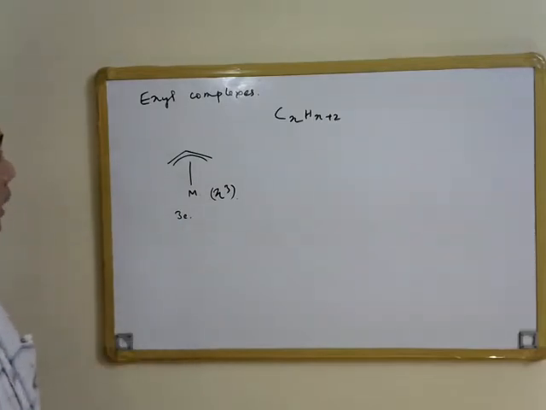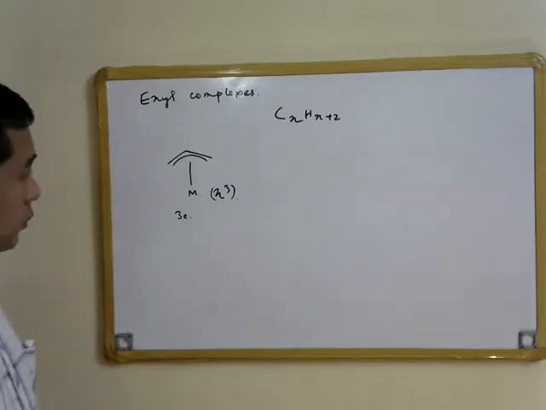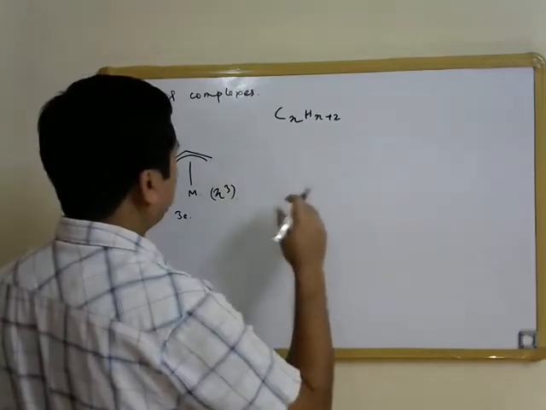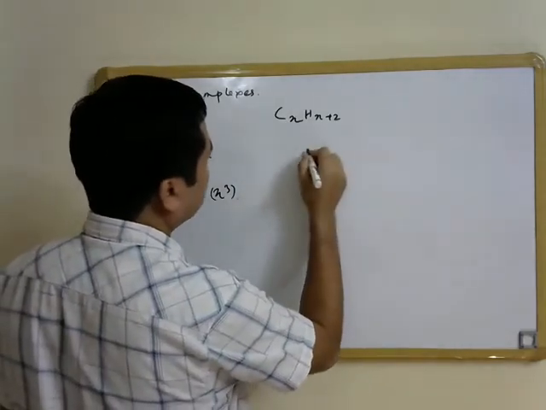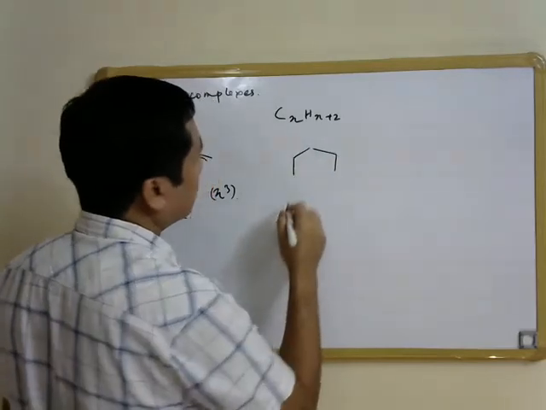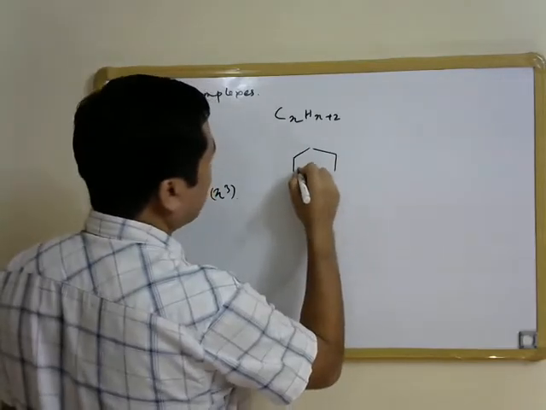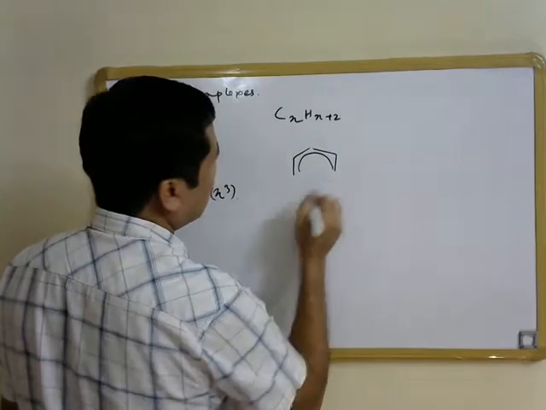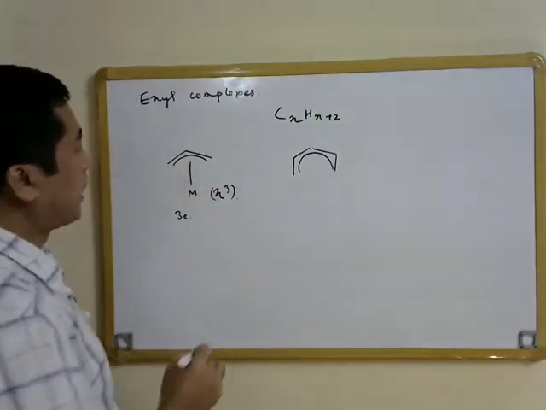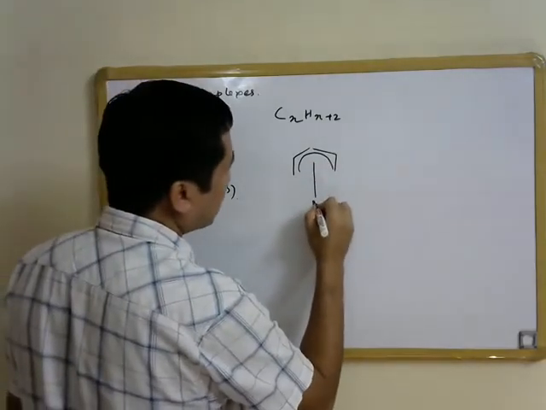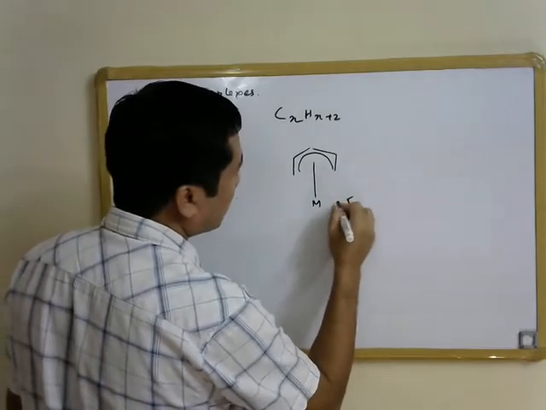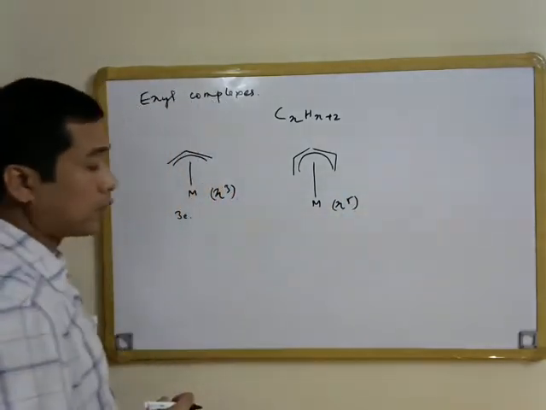Now we can have other enyl ligands as well. Apart from when n is equal to 3, we can have n equal to 5. So then we will have pentadienyl ligand, and this can bind to metal centers in an eta 5 coordination mode.